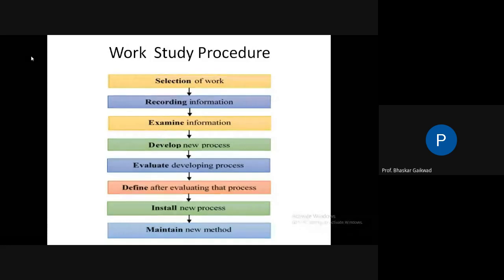Okay. Then examine the information. First step, you have to go for observation and examination. What are we actually doing there? After getting the raw material from the industry, the first thing is drilling. After that, I will make the program on the CNC machines. Then we go for boring, facing, turning, step turning, then OD turning.